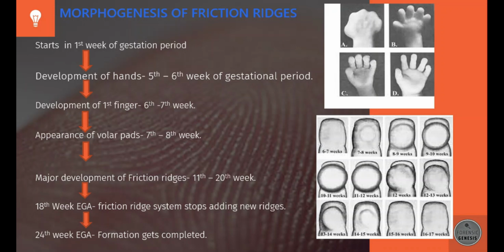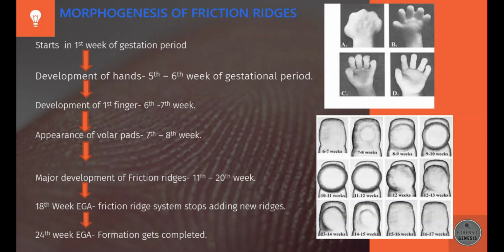As you can see in the diagram, there is a formation, or you can say the appearance of volar pad, which is basically a swelling of mesenchymal tissue under epidermis on the volar surface of the fetus.